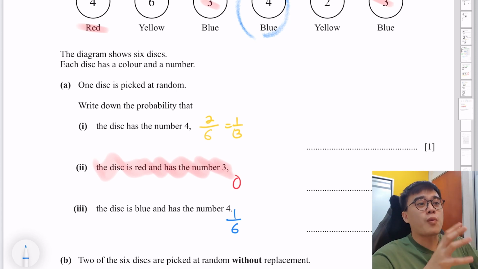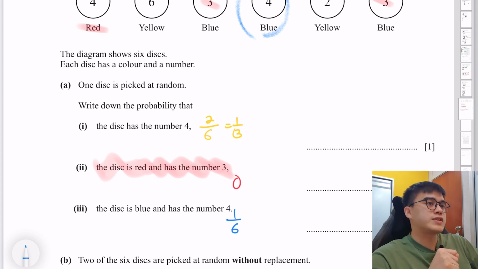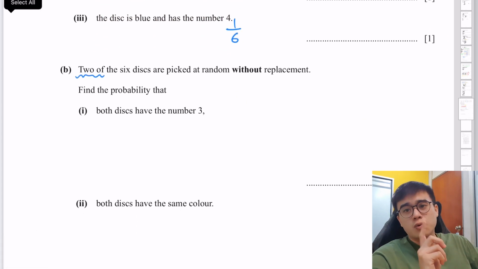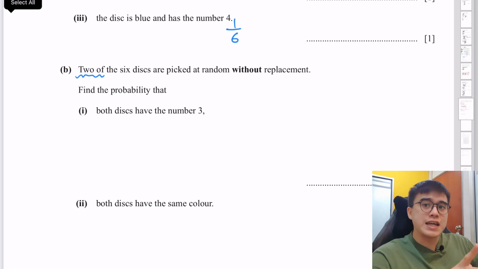Part B is where they start to increase the level of difficulty of this question. 2 of the 6 discs are picked at random without replacement. So when you see the keyword without replacement, it means that the denominator will decrease while you are picking out the disc. The numerator, however, depends on what you have taken out. So over here, they are looking for both discs having the number 3.